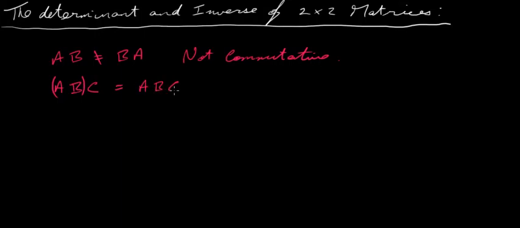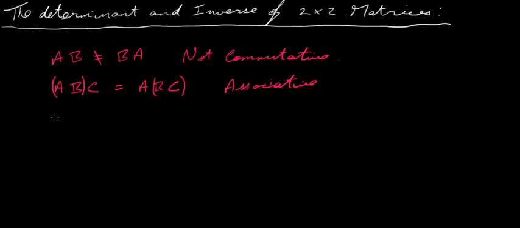So A times B times C will actually work if we multiply B by C first and then multiply by A, we'll get the same answer. So it is associative. So the associative property holds.